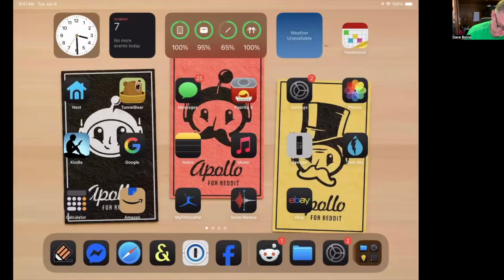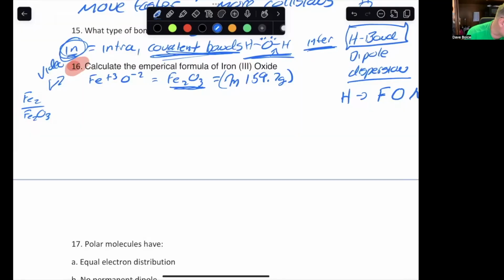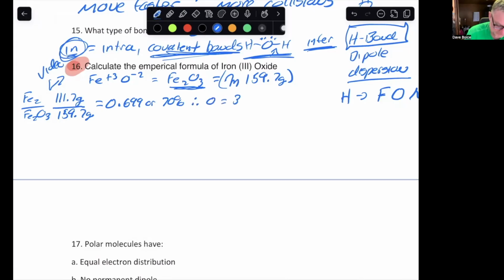So 2 irons is going to come out to 111.7 grams divided by 159.7 grams, which is going to equal 0.699 or 70%. And therefore, oxygen is going to equal the remaining 30%. If you have like 3 of them, then you may need to do this calculation more than once to have them all add up. Make sure you add up to 100.